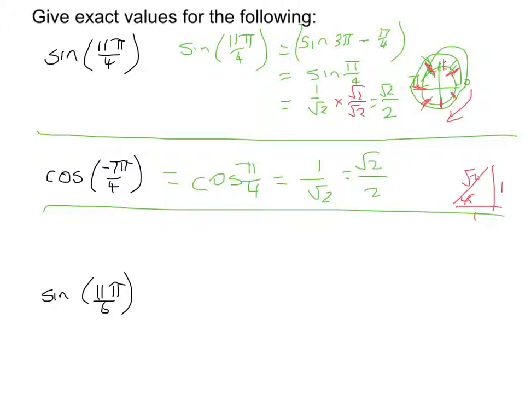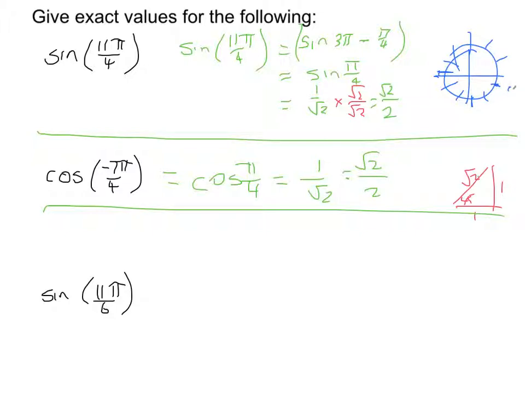Okay, now for the third one that we have, sine of 11 pi over 6, and I might just clean up that unit circle at the top here. 11 pi over 6, I'm going to count in sixths of pi, so we've got 1, 2, 3, 4, 5, 6, 7, 8, 9, 10, 11.